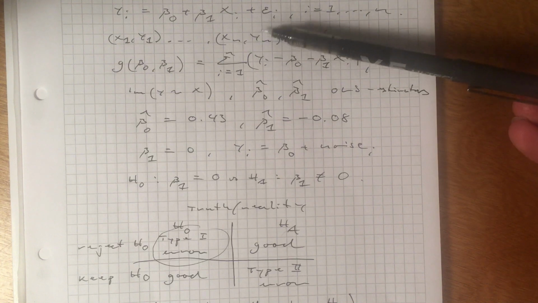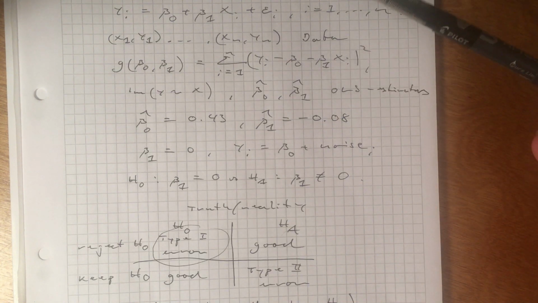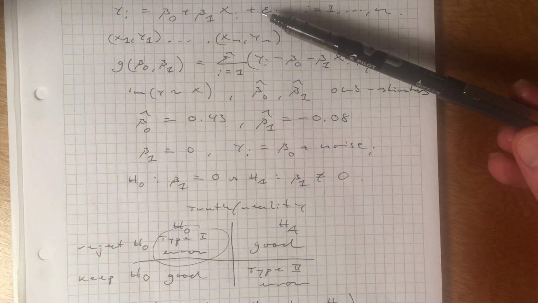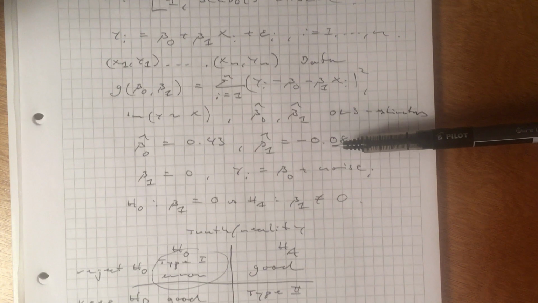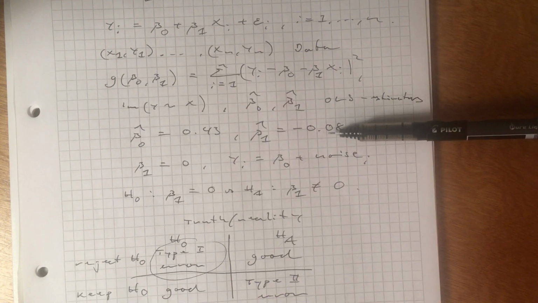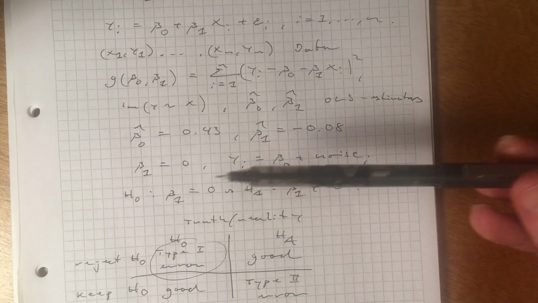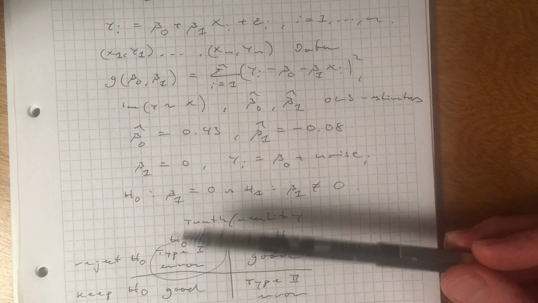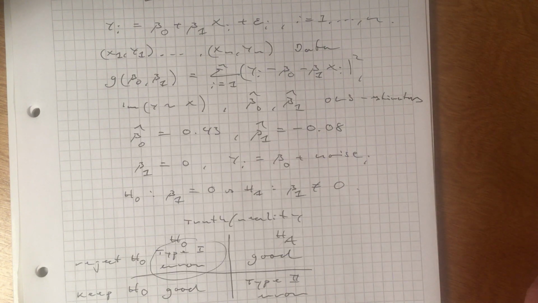We have estimated the parameters of this model, and the question is whether this number is small enough, or deviates enough from 0, so that we'll stop believing that the null hypothesis is true.